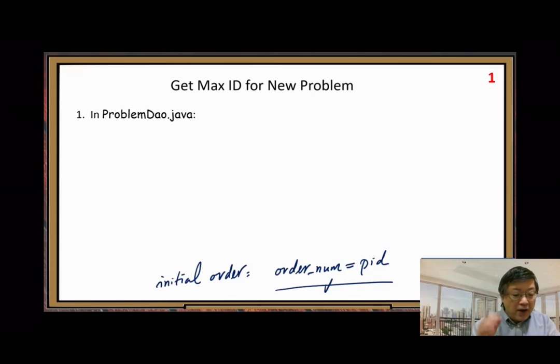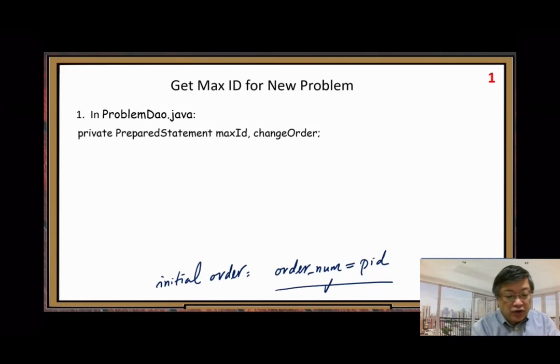Based on that assumption, let us do the work in problem.dal.java first. In order to complete this kind of change, we need 2 queries. So we define 2 query statements. The first, max ID. Second, change order query.